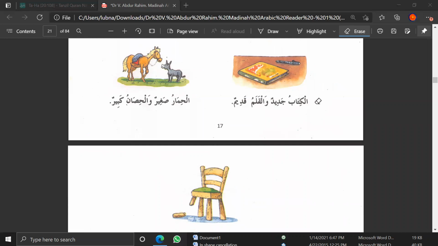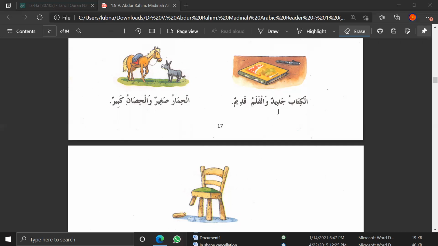So, okay. Now you read it again. Shabash. الكتاب جديد والقلم قديم. Excellent. Do you know what jadidun means?